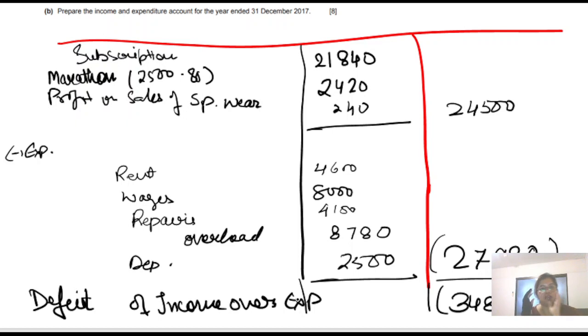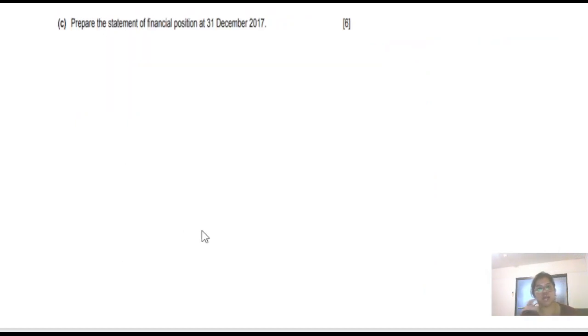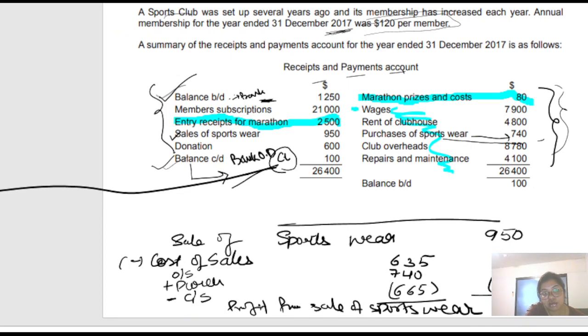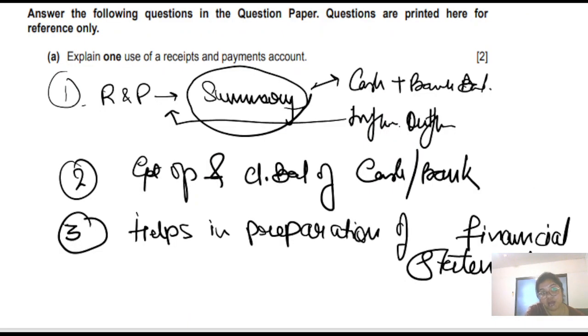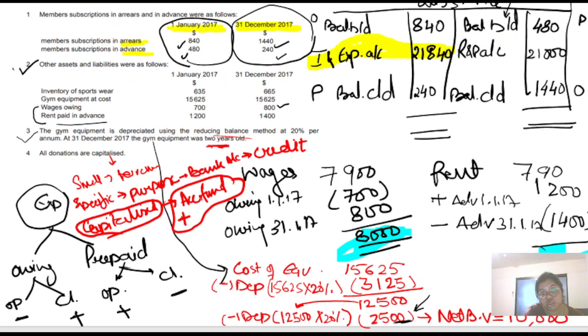I think this much is clear to you. In the next question they ask you to prepare a financial position. For calculating the financial position, you need to know what your accumulated fund is, and it was not given in your question.